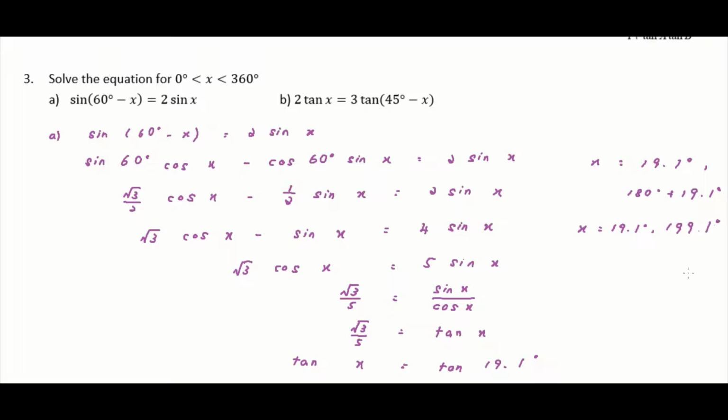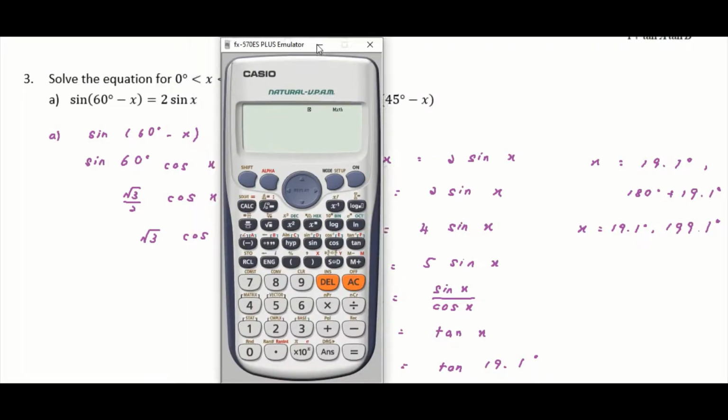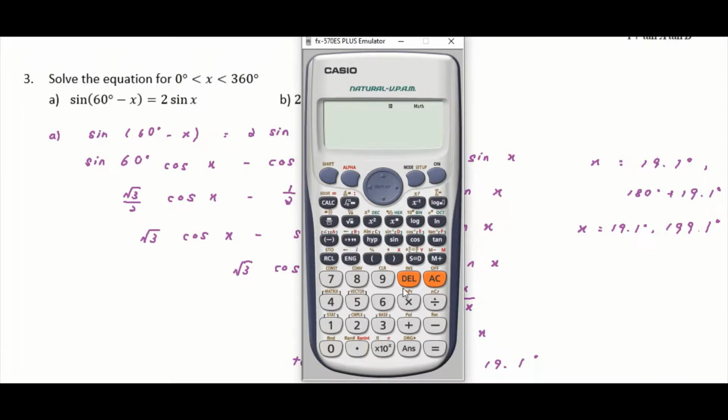Alright, so that's the first question. If you want to check it, you can always substitute back into your formula. Let's say you have the answer ready. So you can take 2 sine(60 minus 19.1). With 19.1 in three significant figures, your answer is going to be a little bit different, but that's fine.